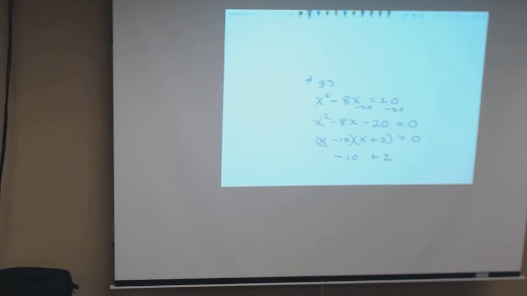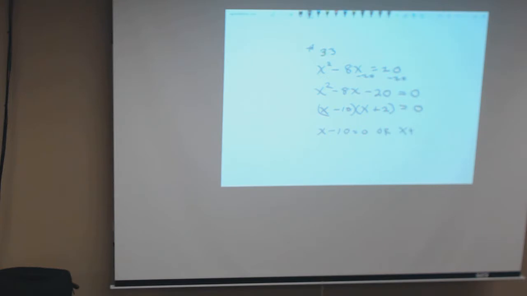And then, see, once I've got the two factors, now I'm supposed to solve it. So I go x minus 10 equals 0, or x plus 2 equals 0, which this would be add 10, add 10.